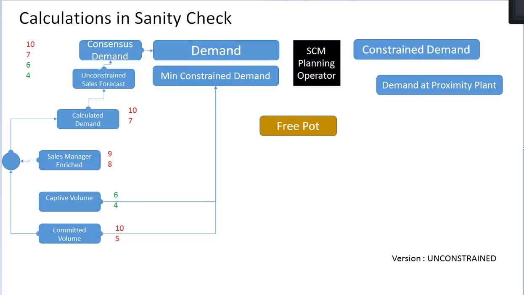At the same time, the captive volume and the committed volume are going to be entered into the minimum constraint demand to assign the correct priority.